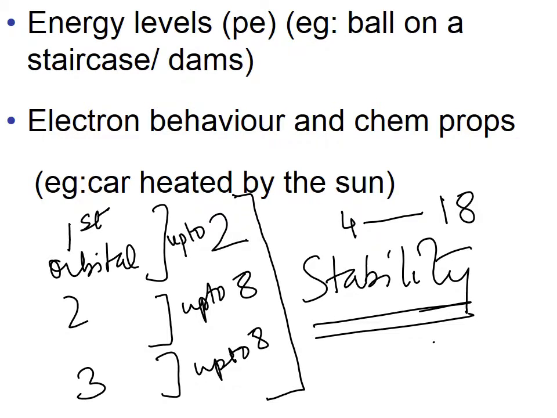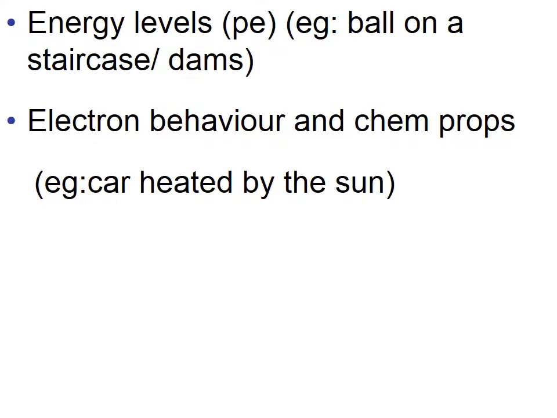Now, I would like you to also understand what would happen if you heat an element. It would get heated up. How does it heat up, how does it react, and how do you know that it is heated up? What does it do?